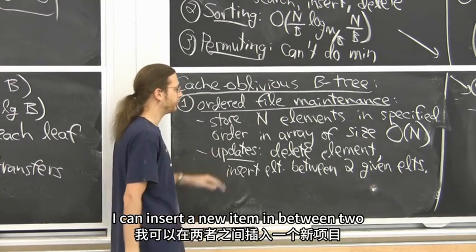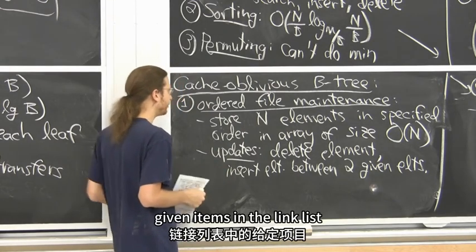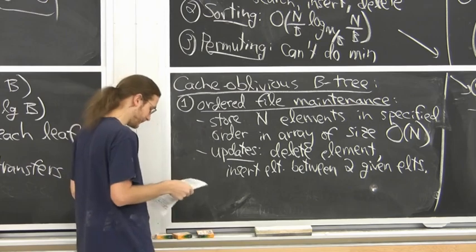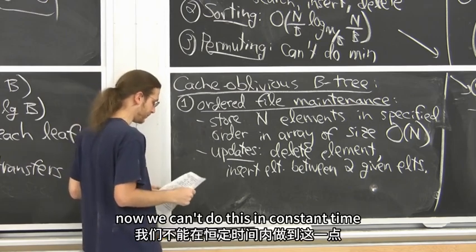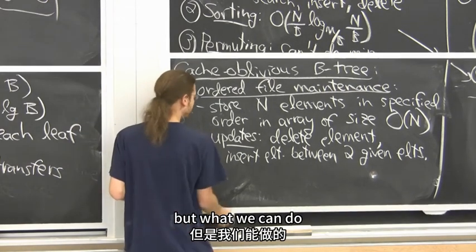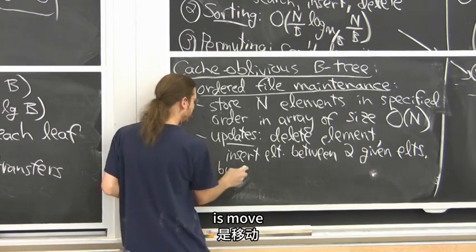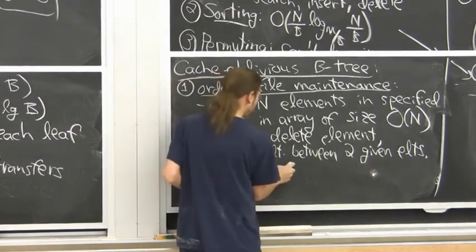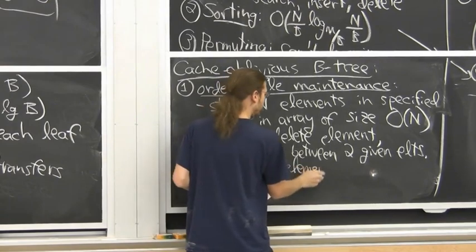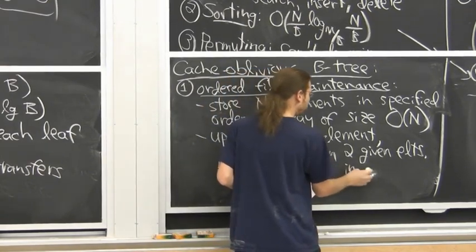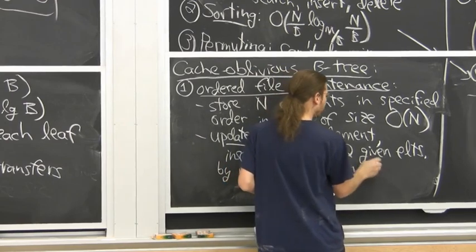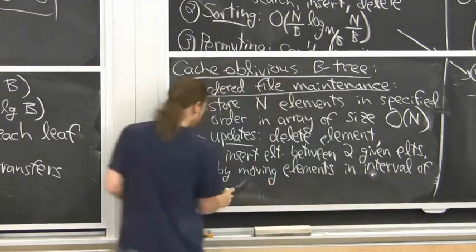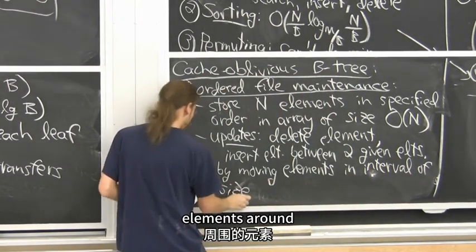I can insert a new item in between two given items in the linked list. But now it has to be stored in a physical array of linear size. Now, we can't do this in constant time. But what we can do is move elements around.